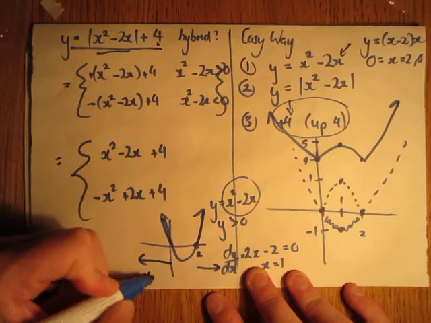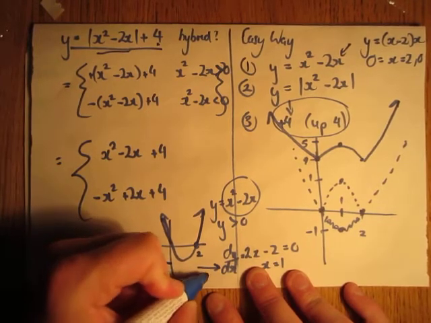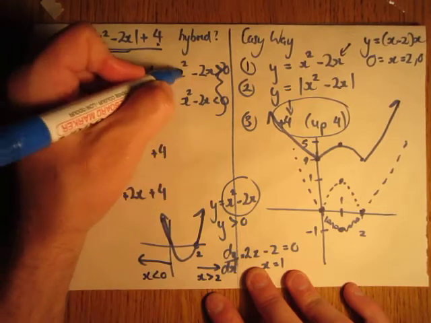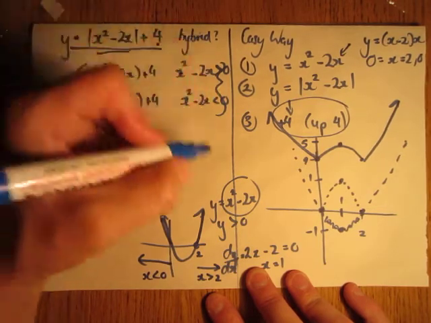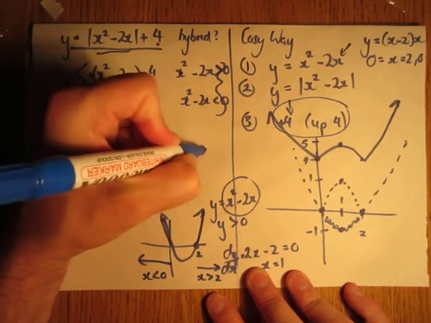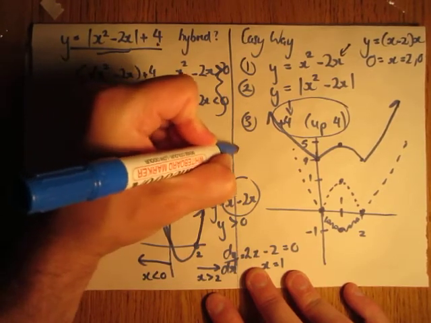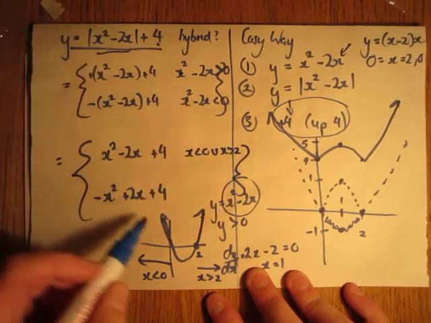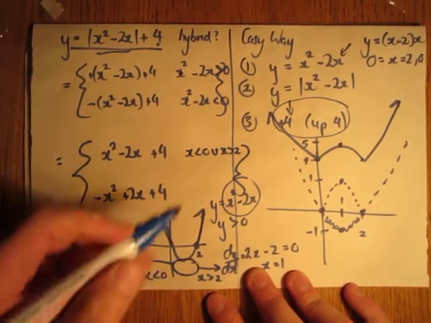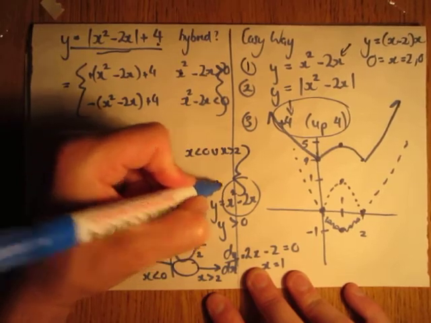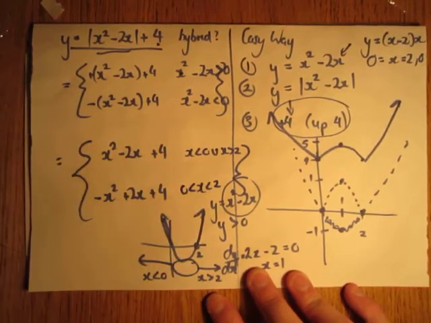So just when x is less than 0, when x is greater than 2. So we can rewrite this inequality as x less than 0 in union with x greater than 2. And the last part here is, when is that less than 0? Well, it's just this area in here. So when x is less than 2 and when x is greater than 0.